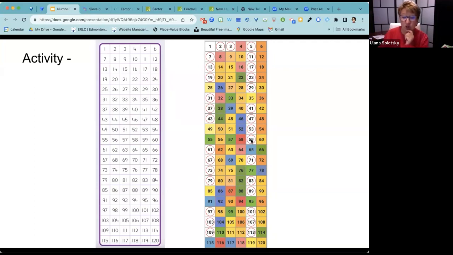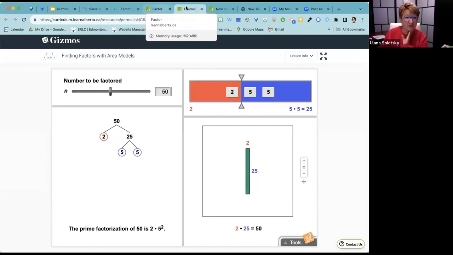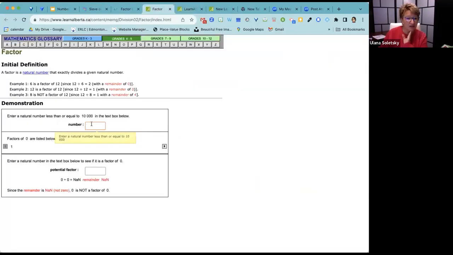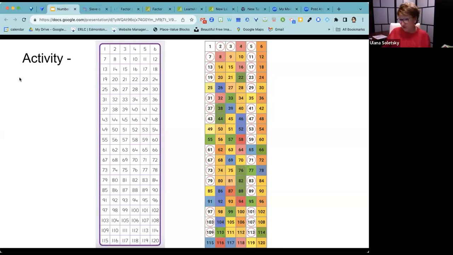So yes, it could be a prime number. And then if I wanted to check to make sure, it only has 2 factors, 1 and itself. Right? So, questions about that one?